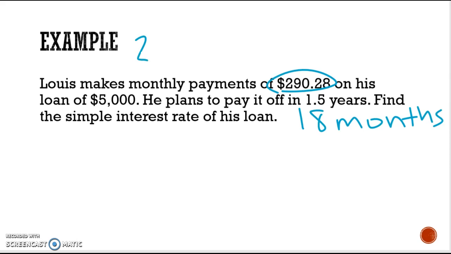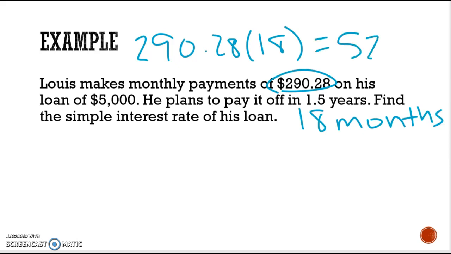So we're going to multiply 290.28 times 18. That gives you an answer of $5,225.04. So even though he is getting this loan, he is not just going to pay $5,000.